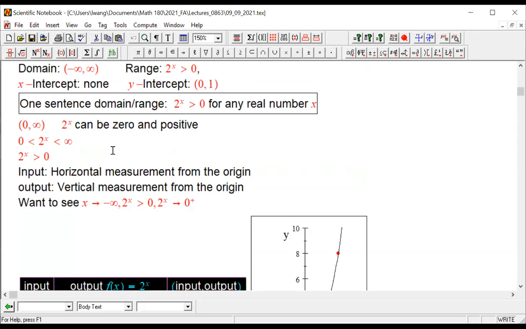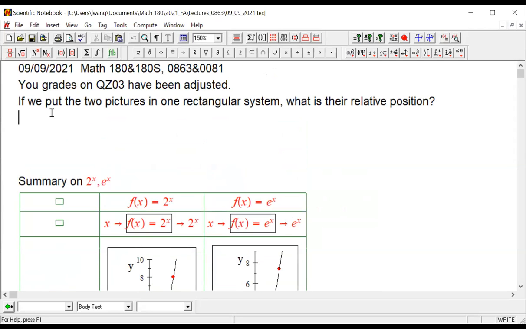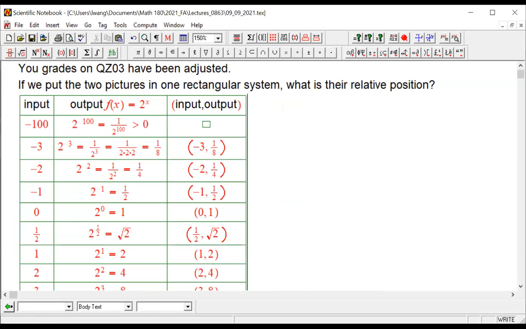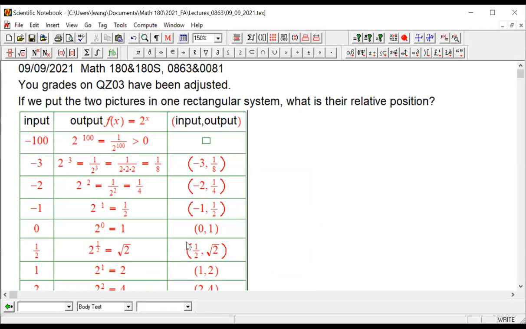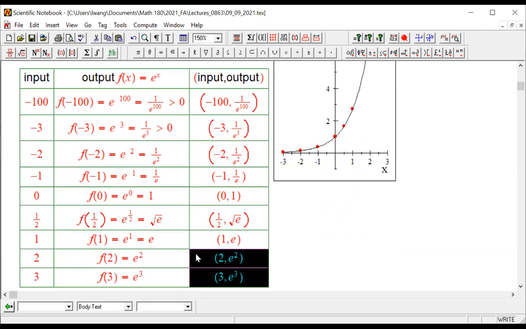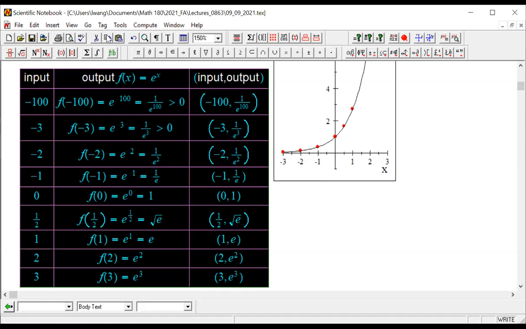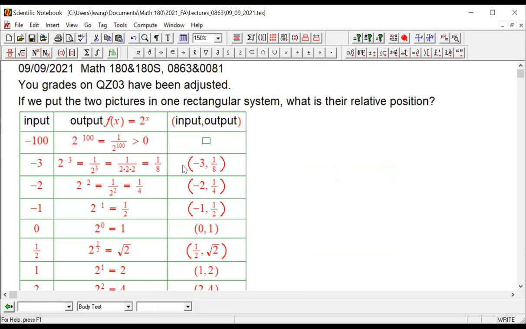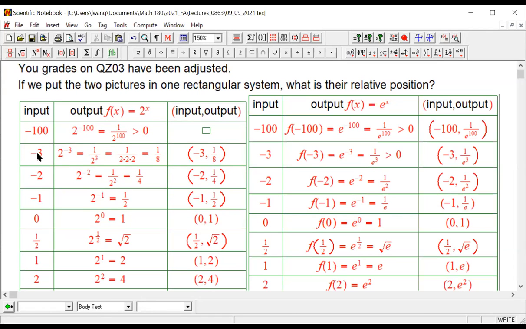The first table and the second table. The inputs are all the same.